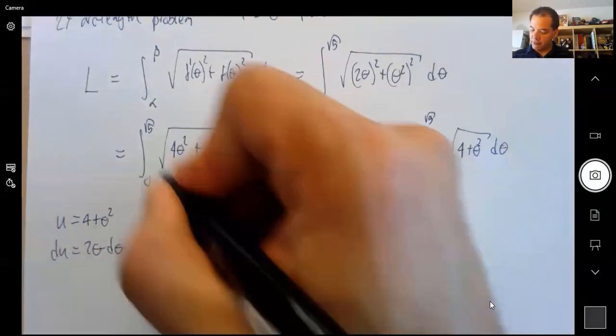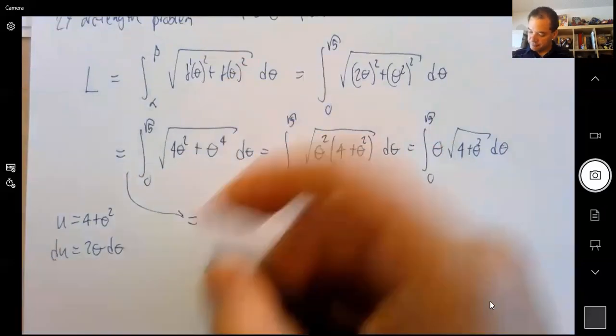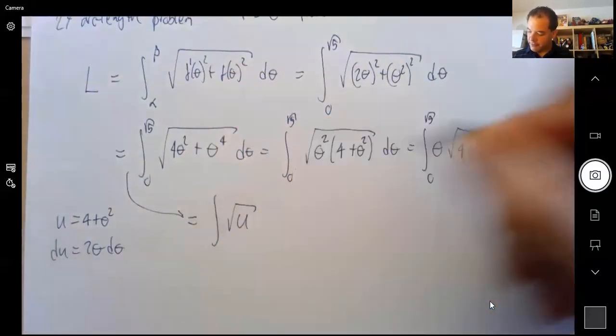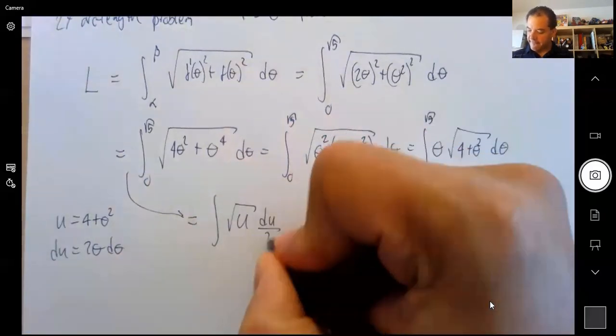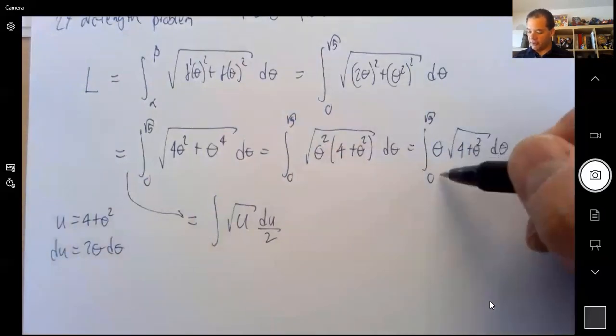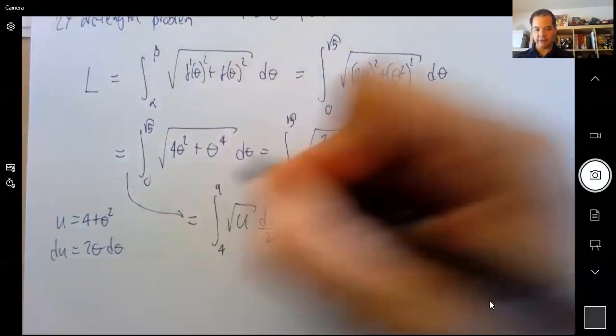And so my new integral becomes the square root of u, and theta d theta is du over 2. And now u goes from, let's see, when theta is 0, u is 4, and when theta is radical 5, u is 9.